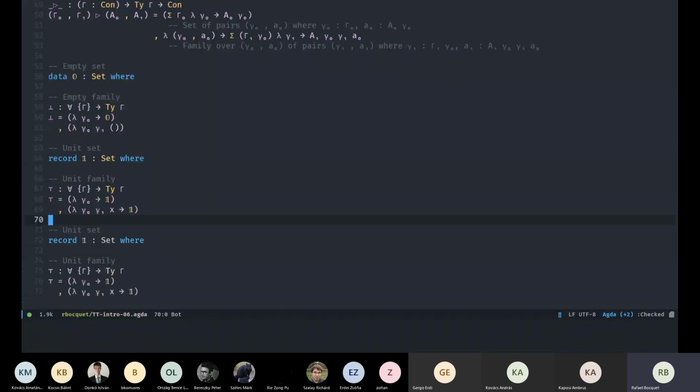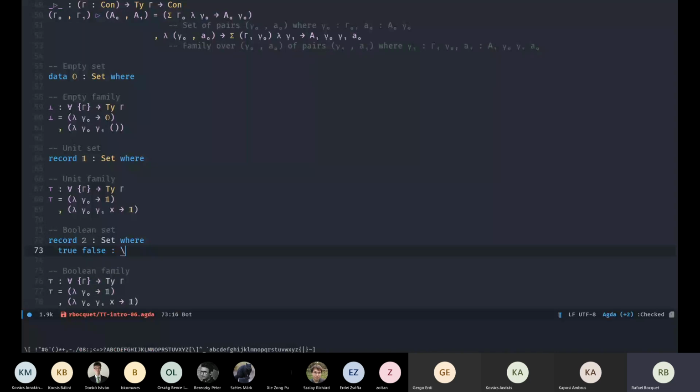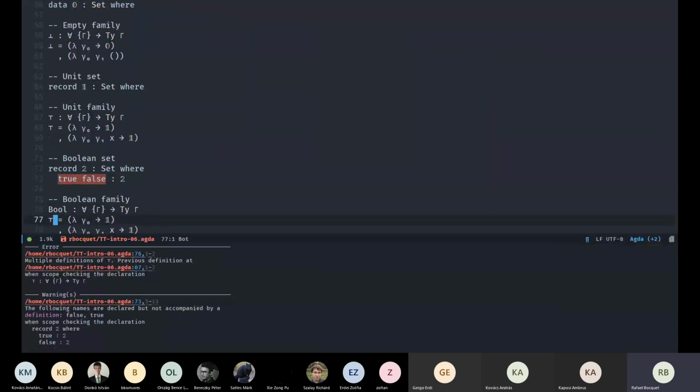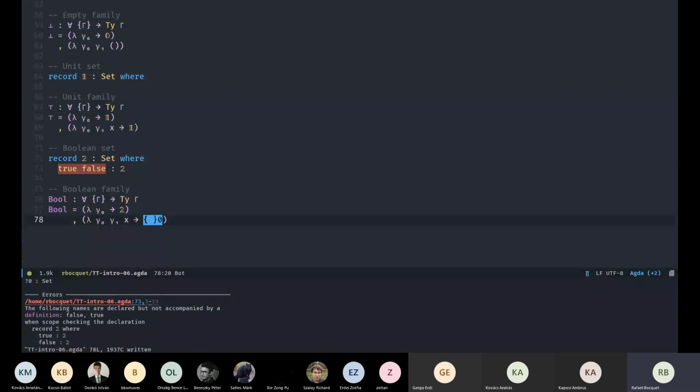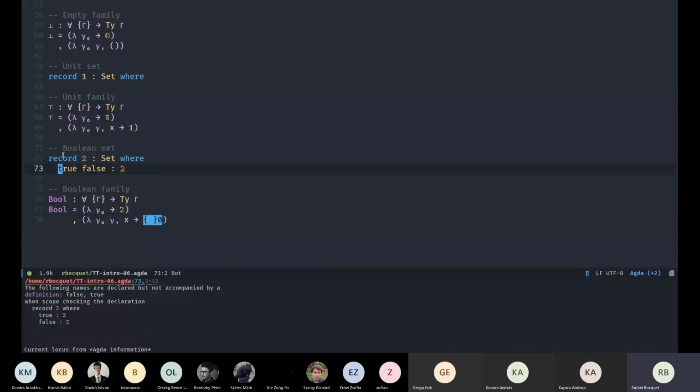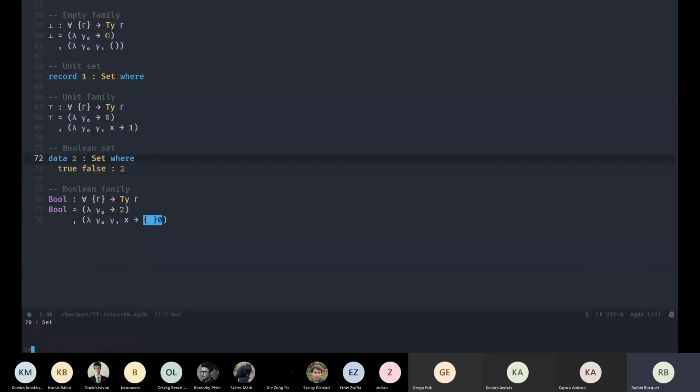Maybe as a last example here, we can look at booleans. In this model, and yeah, this should be either.